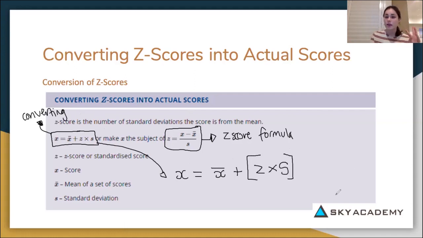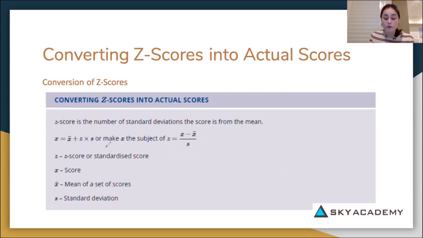It just makes it clearer and easier for me to see. But do what you want. Just wanted to let you know so that if you see me writing like this, it's just the exact same thing as that. So let's have a look at using this formula to convert Z-scores into actual scores.